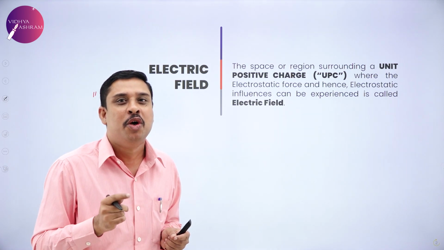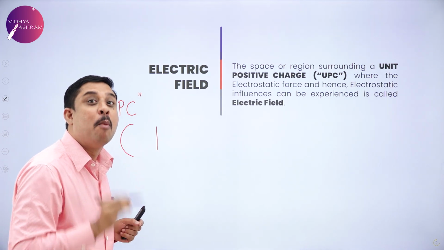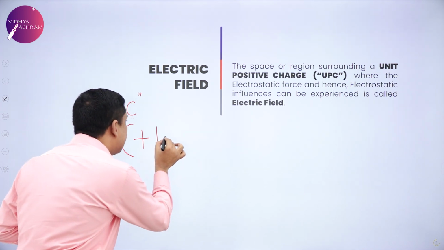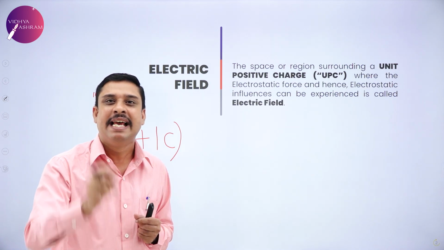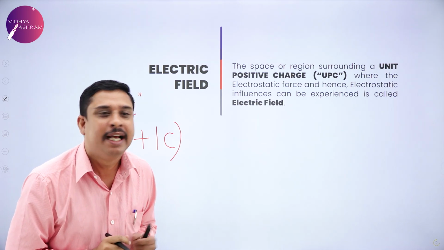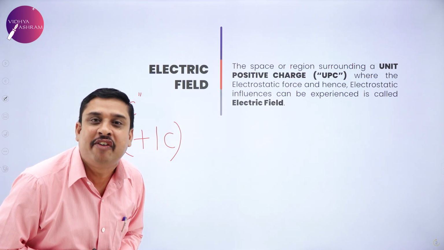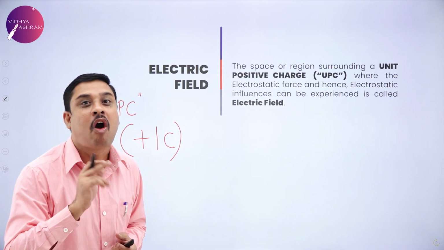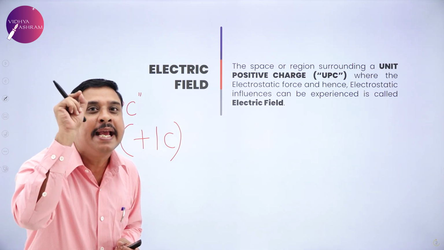We all know unity is 1, so 1 positive plus charge represented by C. Therefore, students, any charge whose magnitude is plus 1 coulomb is referred to as a unit positive charge. Commonly, what I will be stating as UPC.